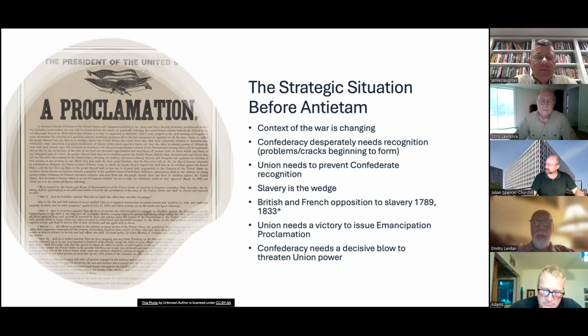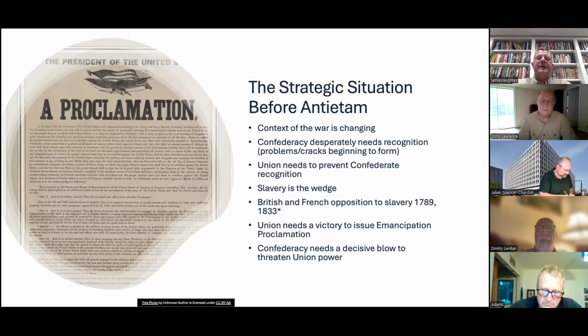The problem with the Emancipation Proclamation is this for Lincoln. He is fairly convinced it will work, but he needs a good victory in order to issue the proclamation. The reason being, if he doesn't have a victory, then the proclamation is going to seem like a desperate act rather than a brilliant strategic move.